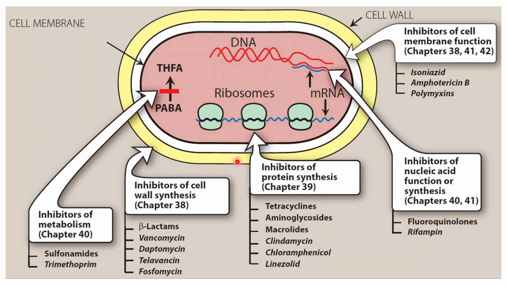So the third one is inhibition of the protein synthesis, and the traditional ones are the tetracyclines, including tetracycline itself and its derivatives, doxycycline, then aminoglycosides, macrolides, and clindamycin, chloramphenicol, and linezolid.